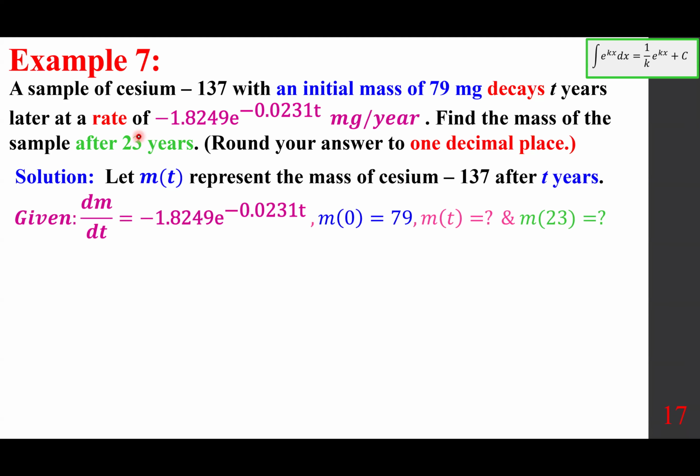You have the answer to the question. So to recap, let m of t represent the mass after t years. Its derivative, dm dt, is what is given here. The initial value refers to m of 0, and we want to find m of 23.